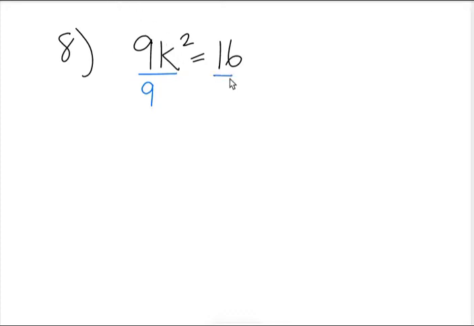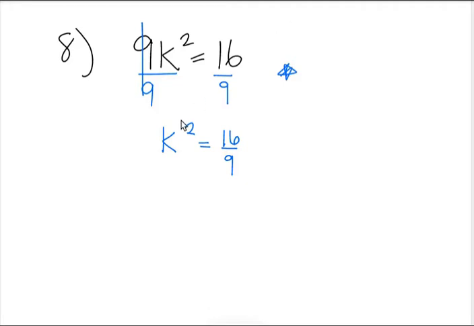For space purposes, I'm just going to go with this. My 9's cancel, and I have k squared equals 16/9. Now, this is a necessary step for your work. Do not skip this step. You've got to show me the algebra work that you're doing here.